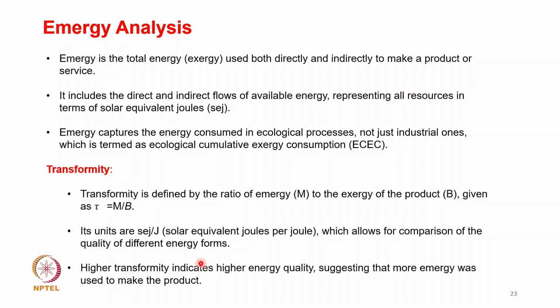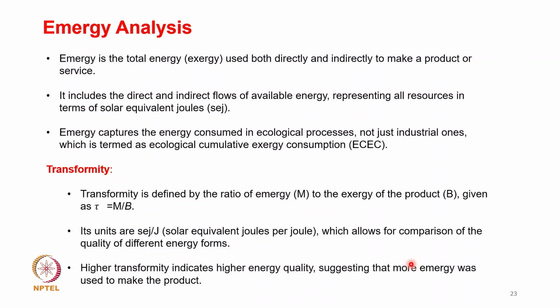The unit here is solar joule equivalent per joule, because you typically represent exergy in joules. So SEJ per J is the typical unit for transformity, which allows the comparison of the quality of different energy forms. Higher transformity indicates higher energy quality, suggesting that more energy was used to make the product.